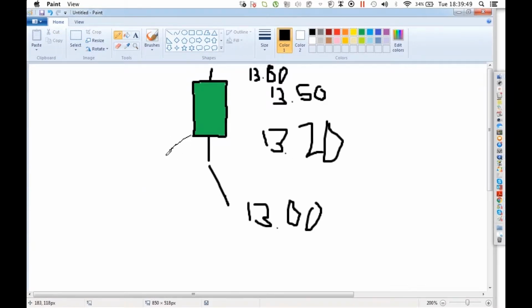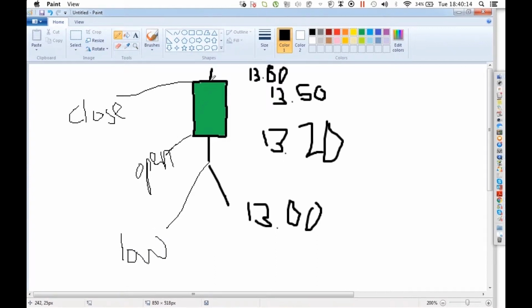And what you get here, you get the open price, the close price, the low of the candle, and finally the high of the candle. Right. So you get all of those.